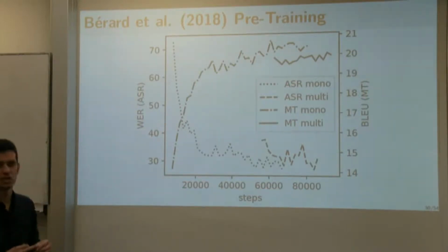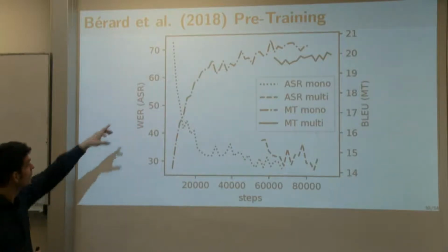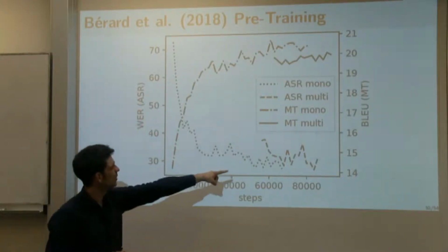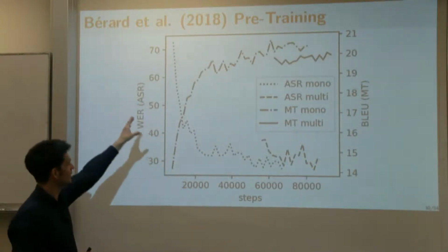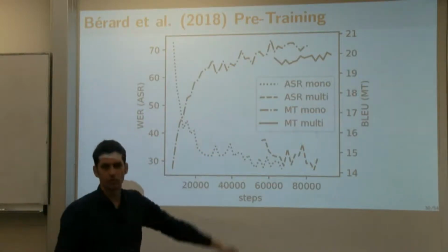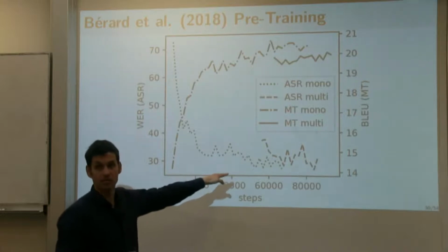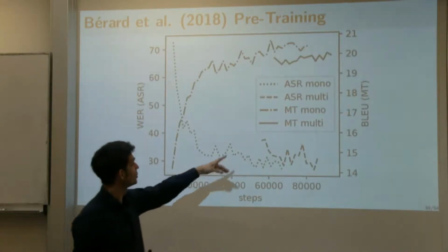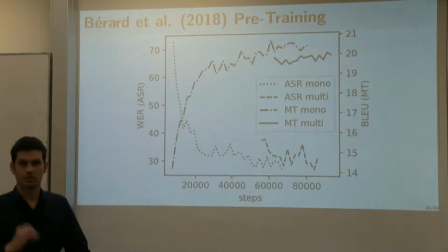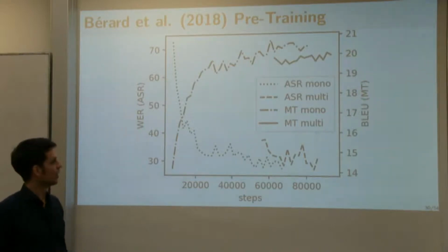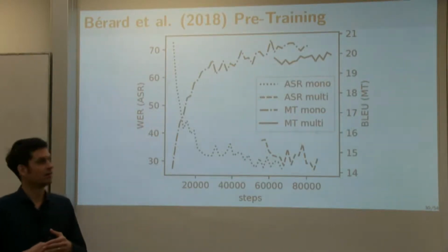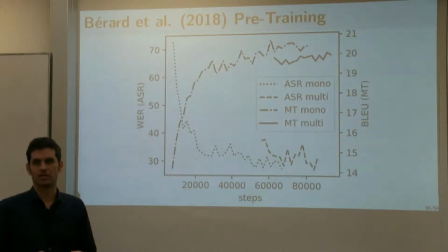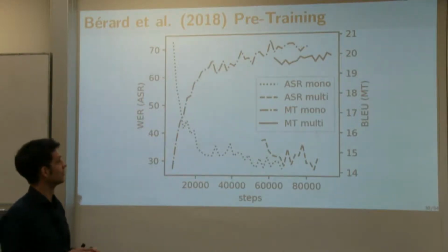So they first train only the speech recognition, that is the dotted curve here. So the lower the better. It is over the learning steps, it is learning to produce the source side transcript. And then they switch over to the multilingual setting, where the system is suddenly expected to produce the target language transcript.